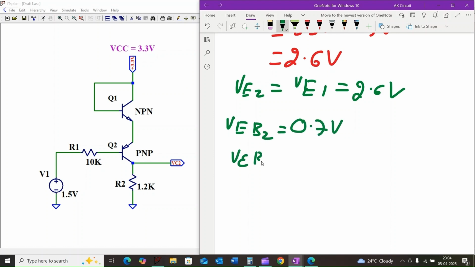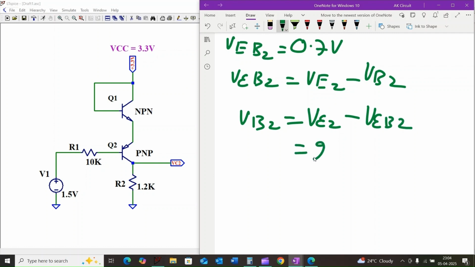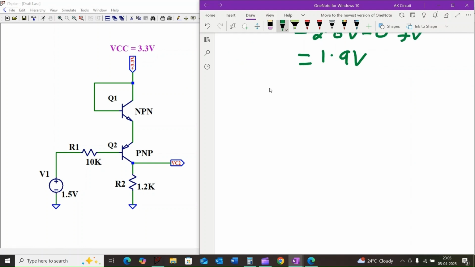Since VEB2 is defined as VE2 minus VB2, once we rearrange the terms to find VB2, VB2 is equal to VE2 minus VEB2, which is equal to 2.6 volt minus 0.7 volt, and then we get 1.9 volt. Great, now we have VB2.